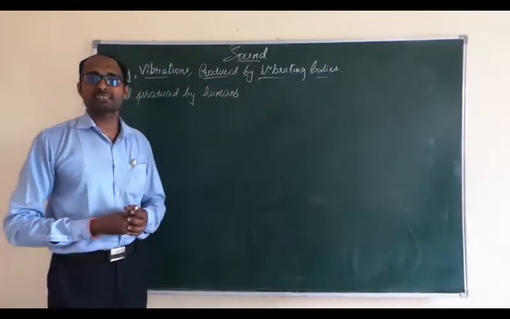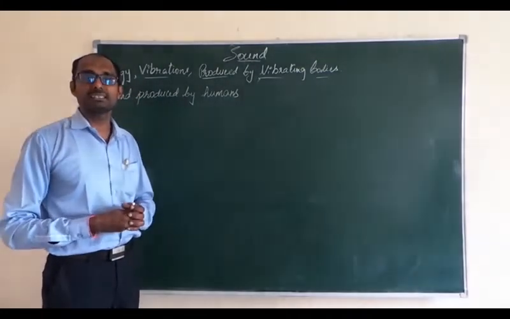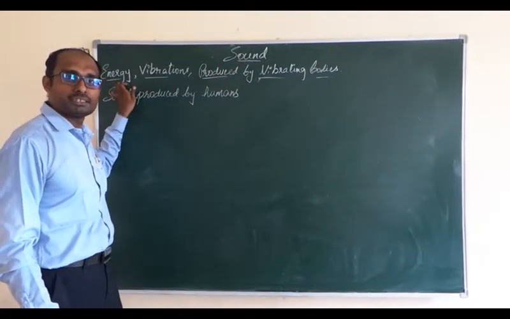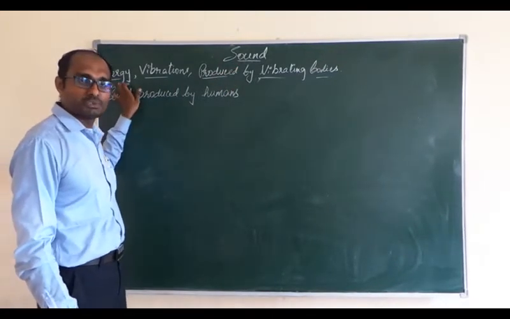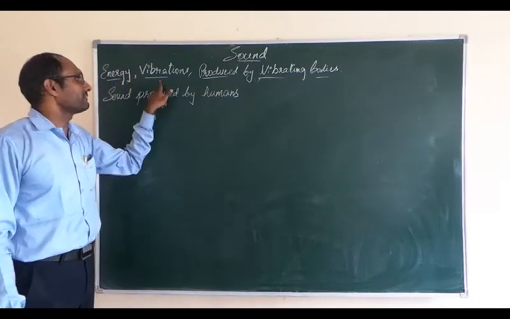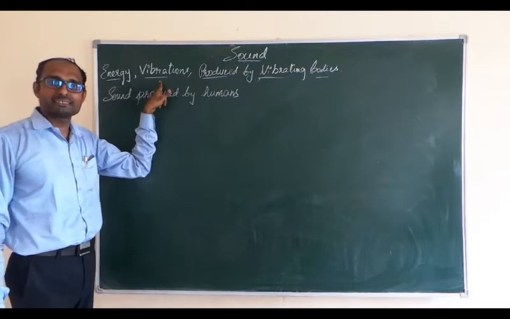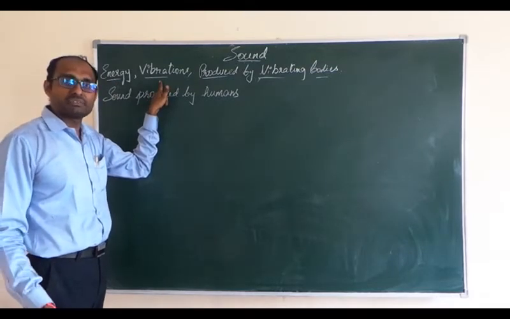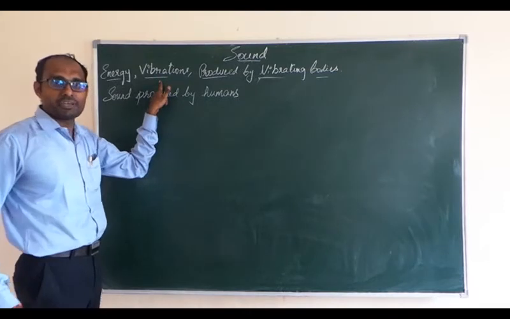In the previous class, when we started discussing the chapter sound, we have learned that sound is a form of energy which causes the sensation of hearing. We have learned what vibrations are, and we also discussed the distinct difference between oscillation and vibration.